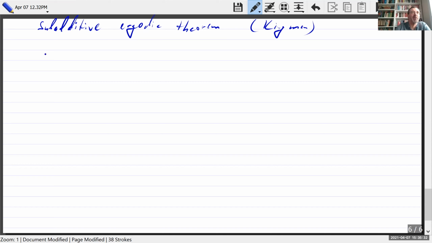So what happens here? Let's look at a sample path of our random walk at time n plus m. This is the product of n plus m increments.